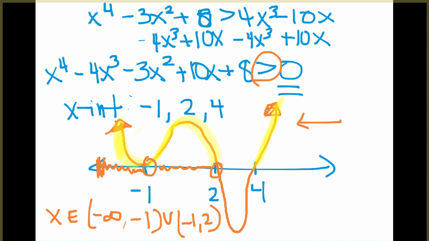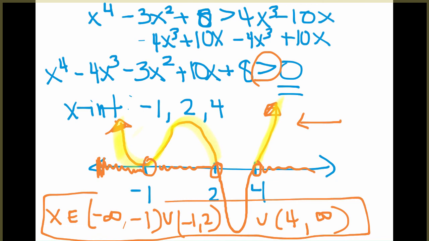But again we don't include 2. Then it's below the x-axis until we get to 4. But at 4 it's not included, so we do a parenthesis, and then the rest of the graph will be above the x-axis. So it will be from 4 to infinity. So 3 different intervals is what should be included in the solution for this problem.